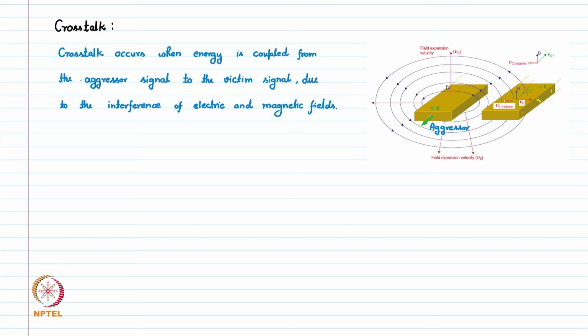So now the point is, this aggressor is carrying a time varying signal. If it is carrying a DC signal, then there is no electric or magnetic field developed, then there will not be any crosstalk between these two traces. So this is aggressor, this is victim.